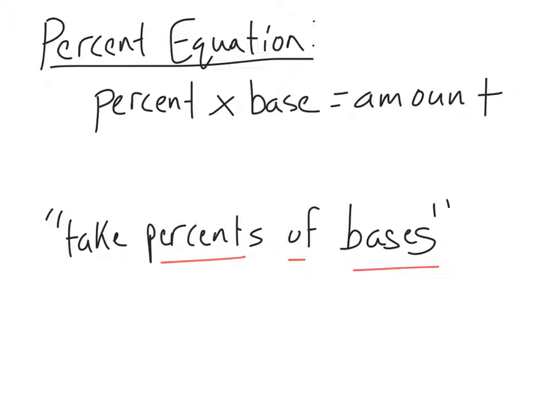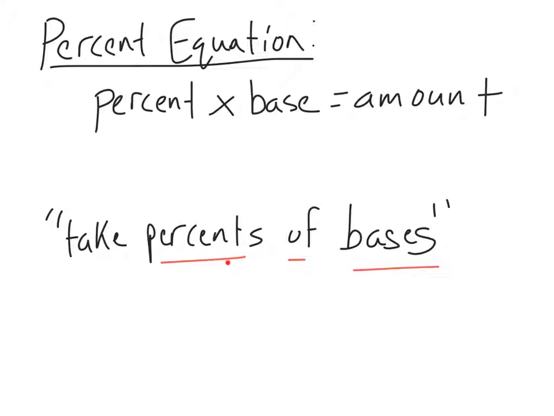So I have this little phrase down here, we take percents of bases, to help you figure out which piece is which. The percent is always the easy part to find. It either has a percent on it, or it says what percent, which means that's the part you're supposed to find. Now, if you think percents of bases, that means the number that comes after the percent. So it might say, 50% of 30.